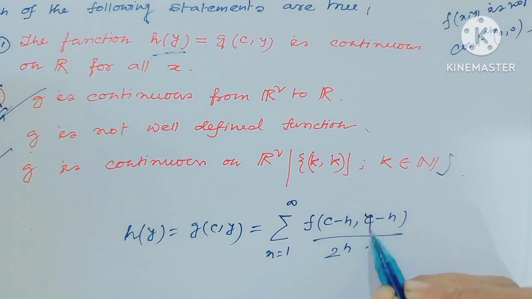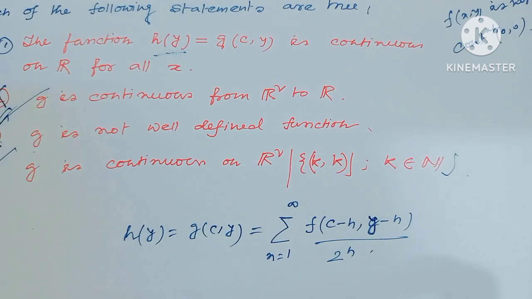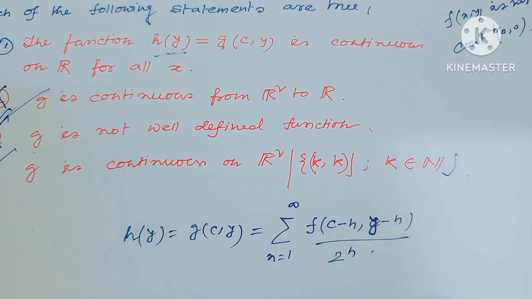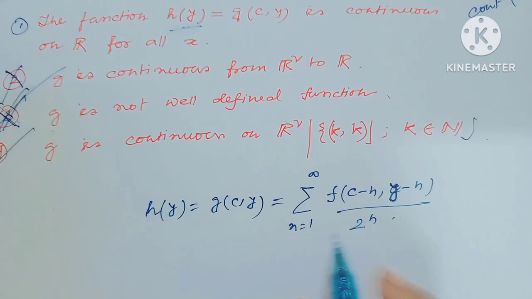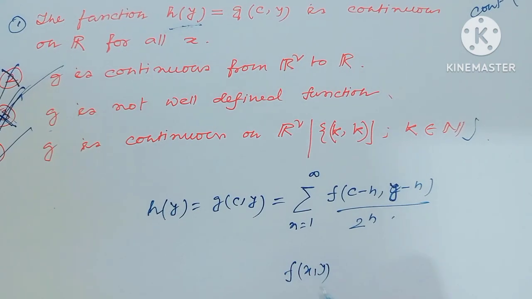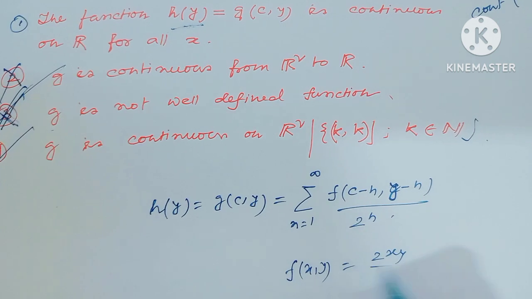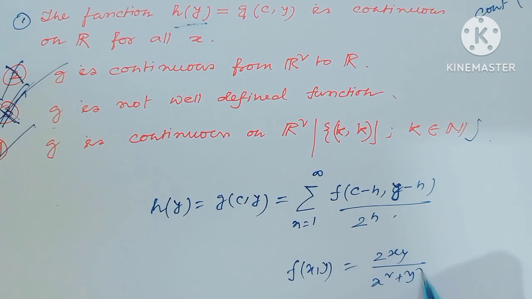Here f(x,y) is given as 2xy over x square plus y square.